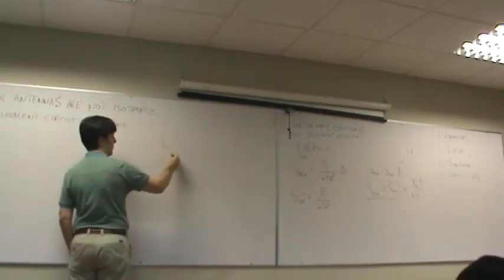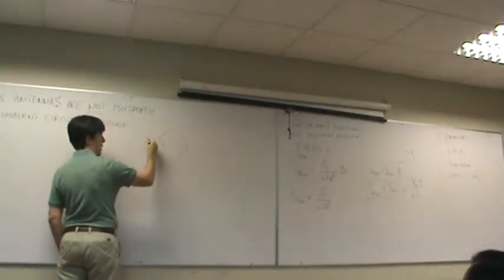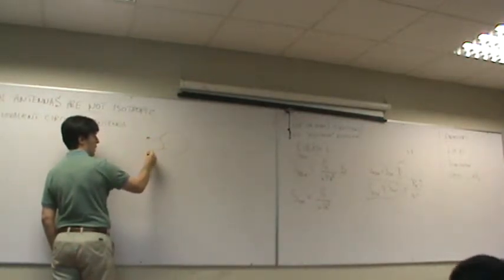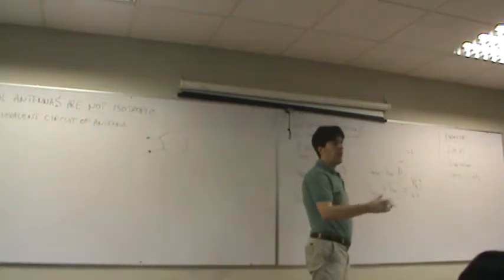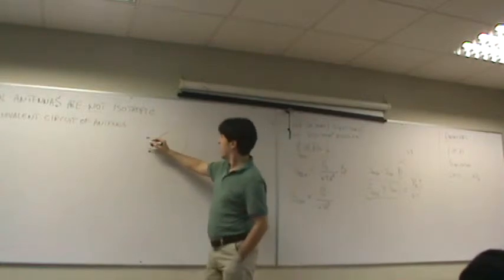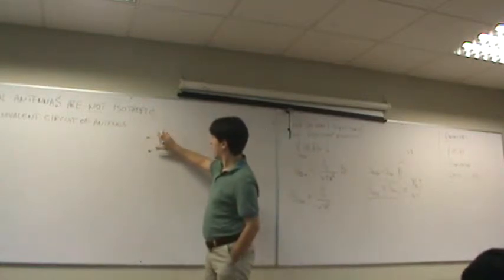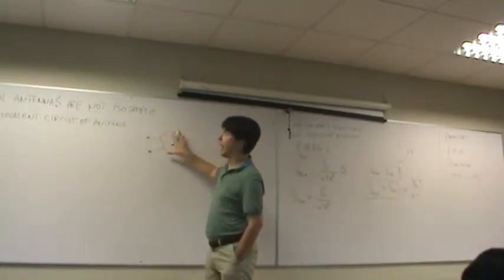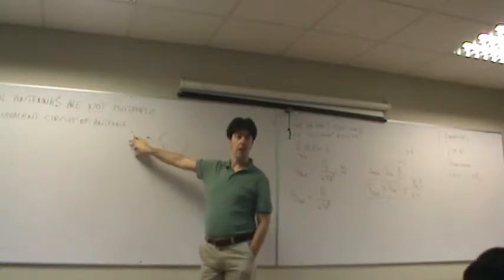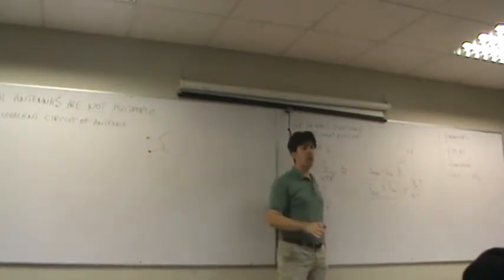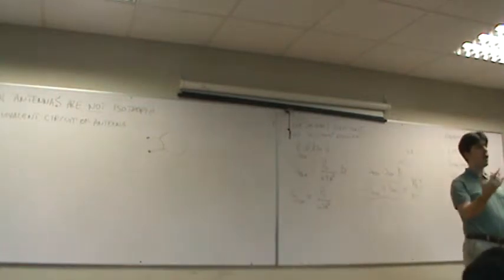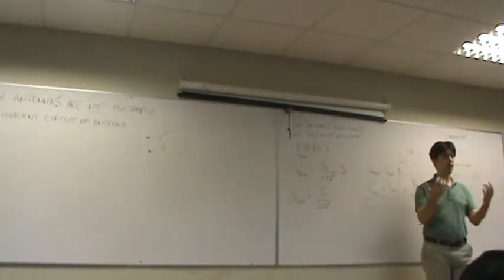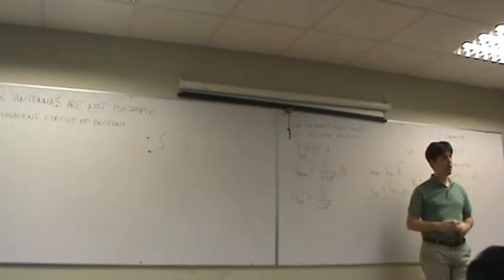Now, we have our antenna. We have the port where the generator is connected, and what do these things look like to the generator? What is the equivalent electrical circuit of the antenna from the generator point of view, or from the transmitter point of view?